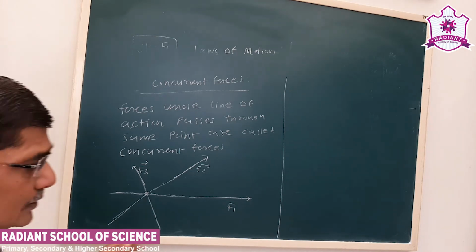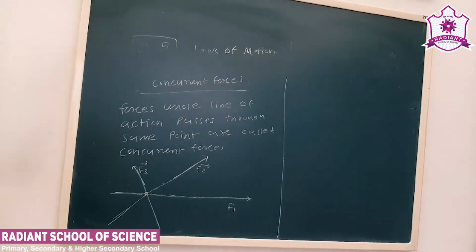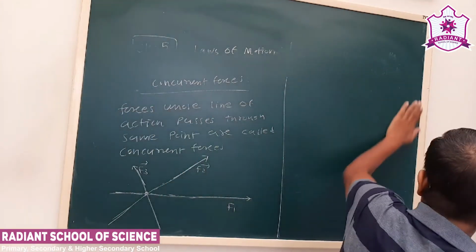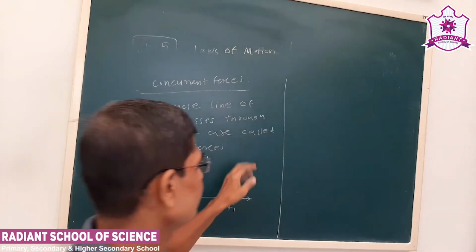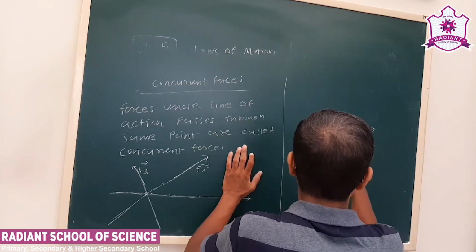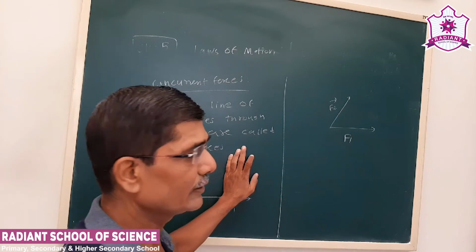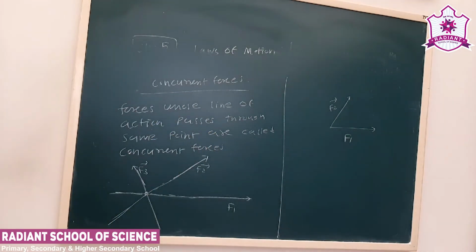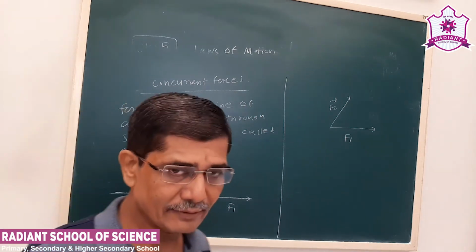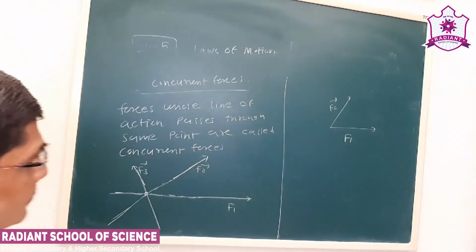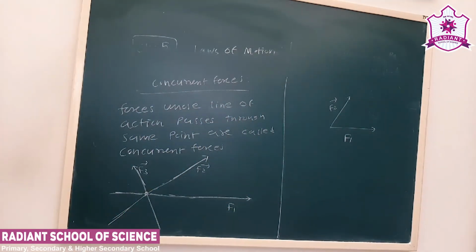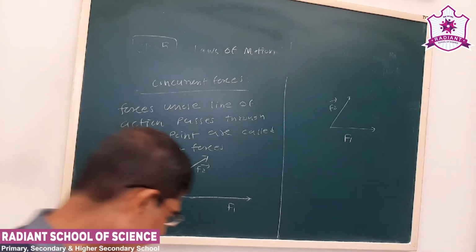Now, this is very important for the equilibrium of the body. Let us say two forces F1 and F2 act on a body. Now we have to bring it in equilibrium. What should we do?